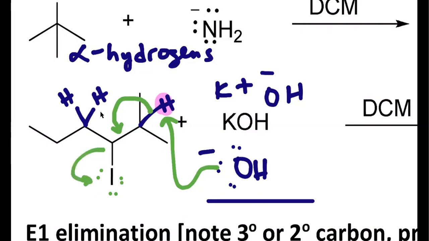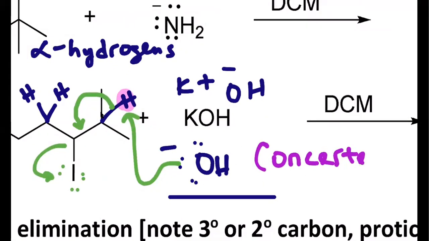All right. So what can you say about this mechanism if all this stuff is happening all at the same time? It's concerted. Concerted. Very good. It's a concerted mechanism.